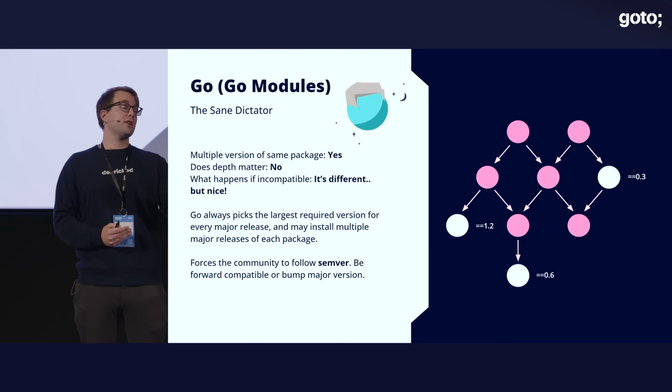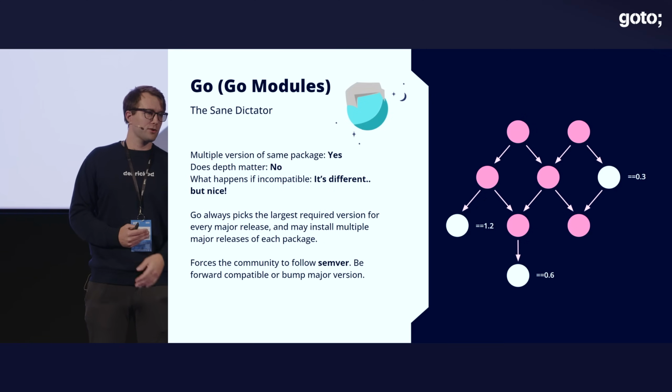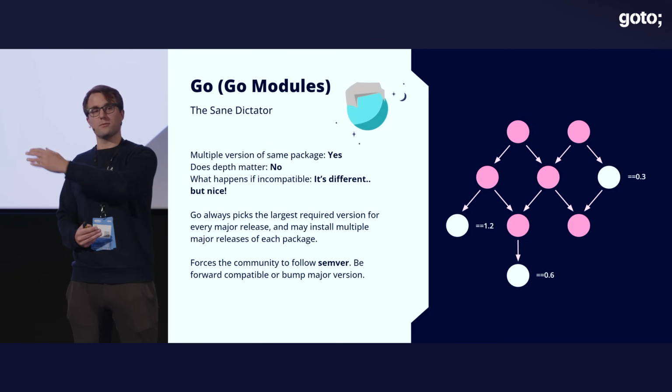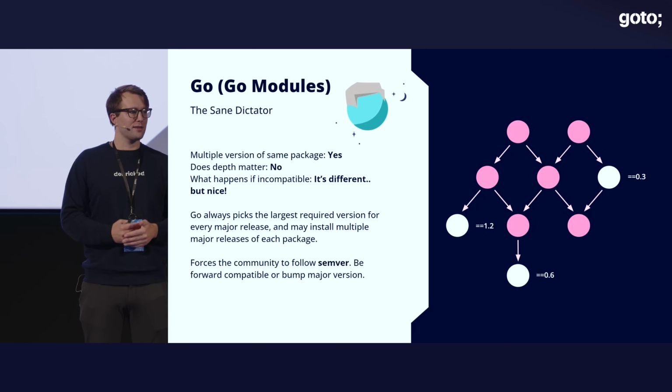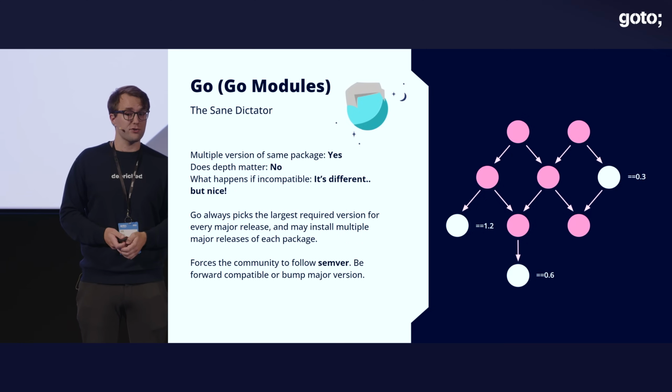It views major releases as completely different packages. So v1.0 is a different package from v2.0. You can install both of them, but it will always pick the largest occurrence down the tree.